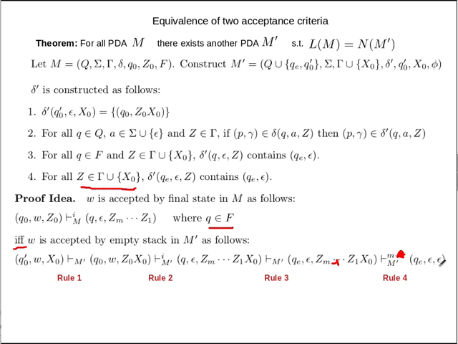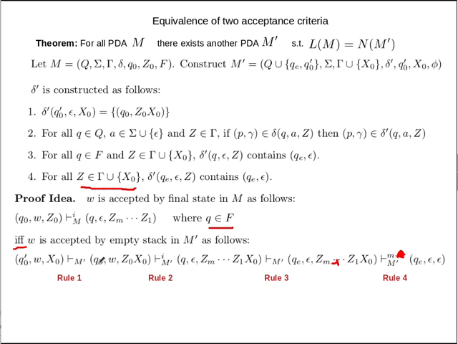Now you see that the first step is to push this X0, right? So, and once you push this X0, then you have this Z0 here, and then you have this Q0 here. The remaining steps will be the steps which you will have in M, right?